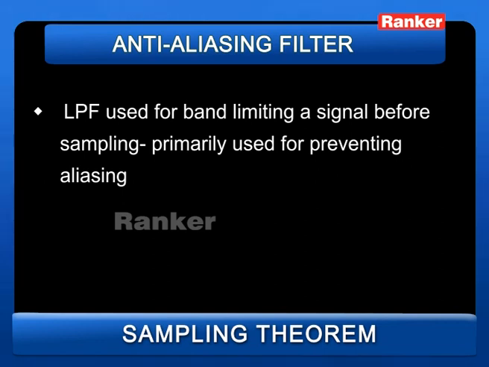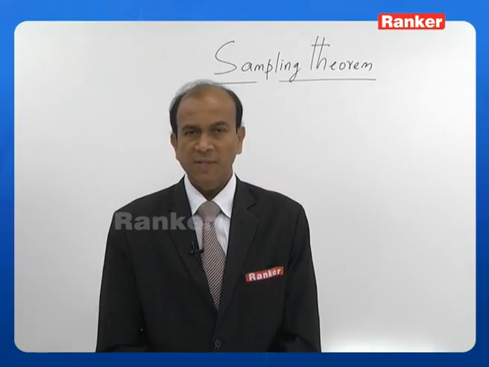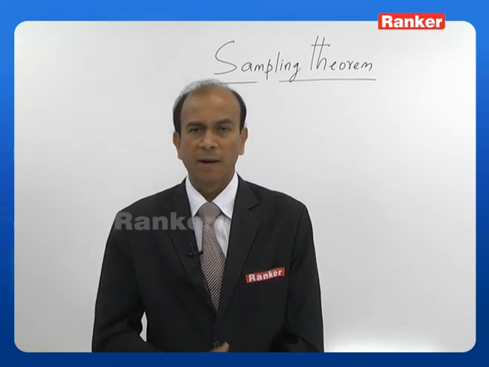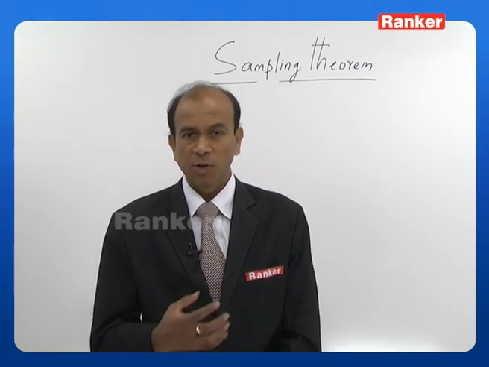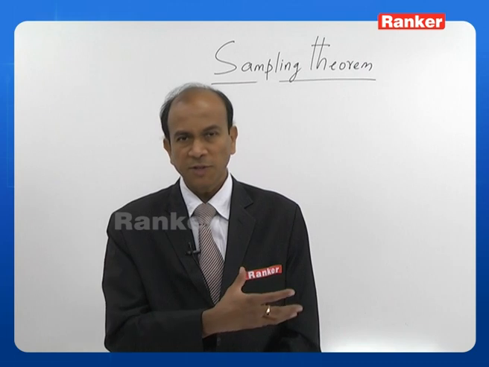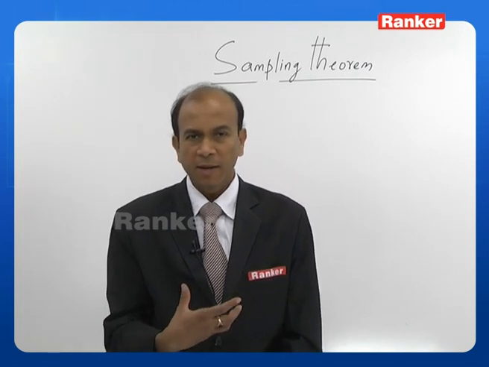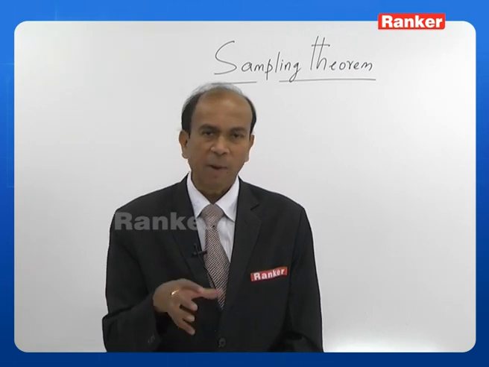Let us define what an anti-aliasing filter is. An anti-aliasing filter is a low pass filter used for band limiting a signal before sampling. It is primarily used for preventing aliasing. We said aliasing occurs under one condition: there is no band limit, the first point. So what is the solution? I pass a signal which has no band limitation through a low pass filter, and the output of the low pass filter is a signal which is band limited.